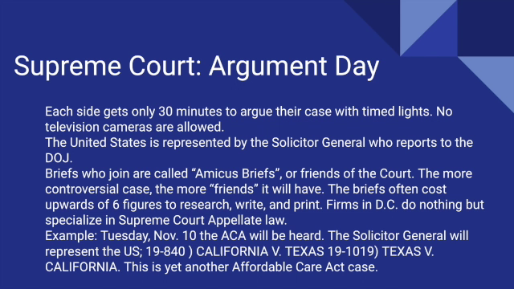Example, tomorrow the ACA will be heard. The Solicitor General is going to represent the United States in California v. Texas, and this is yet another Affordable Care Act case.